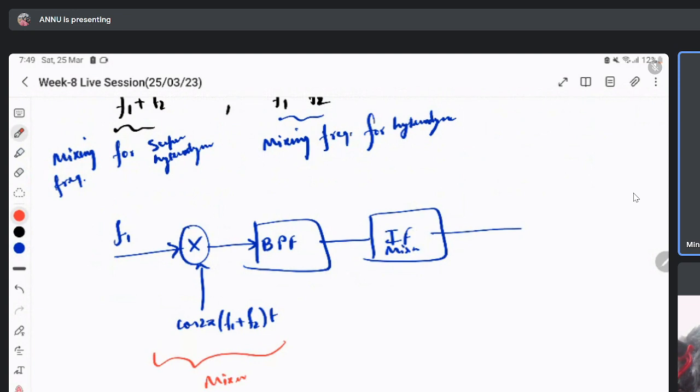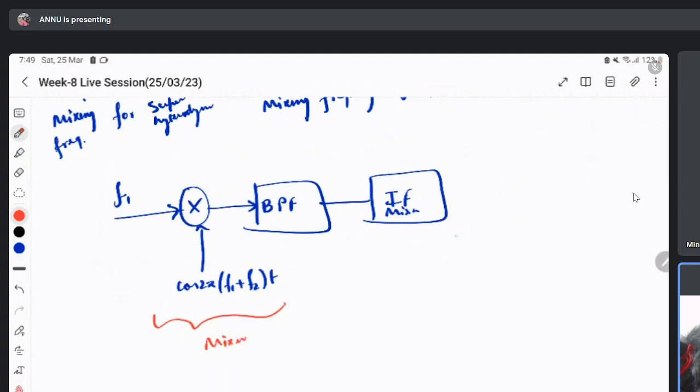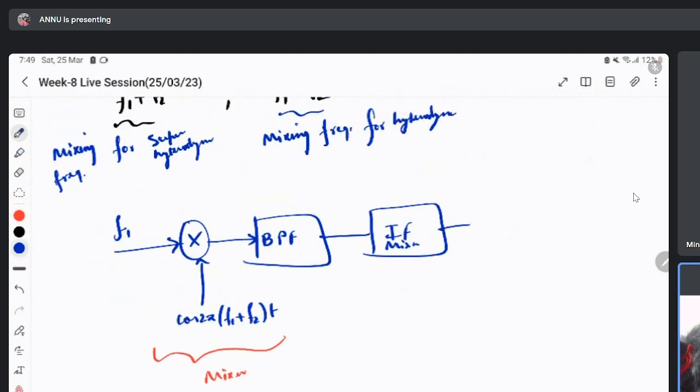I was telling you the difference between frequency superheterodyne and amplitude superheterodyne. Since the output is in terms of amplitude, you will have a power amplitude amplifier. Otherwise, it would be a simple frequency amplifier, but we want an amplitude amplifier. Why do we go for this amplification here?